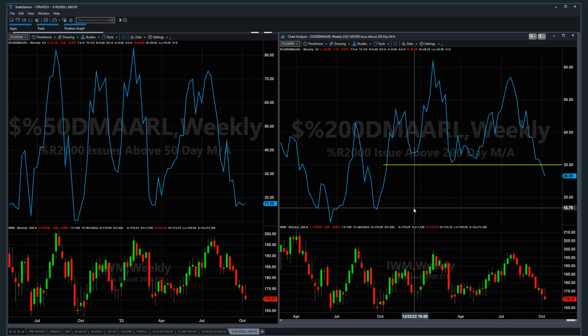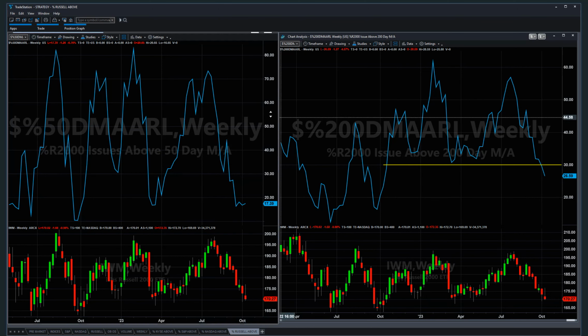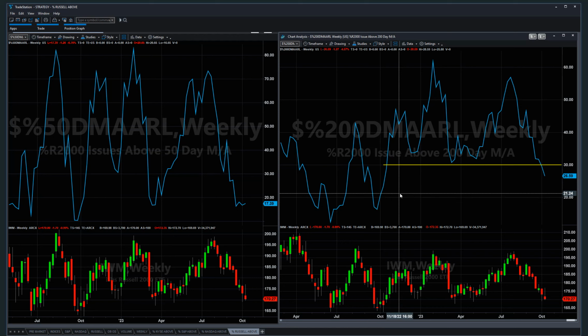Now, one of the things that we would see if we were going to see the potential for some type of move higher would be to see these numbers within all three indices beginning to increase. So as we rally, basically you can see here we come off this low right around the 17% area. As we rally, we want to see this start to move up, and you can see this rotation here.